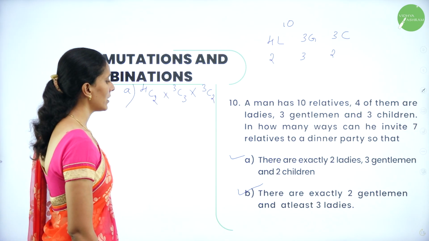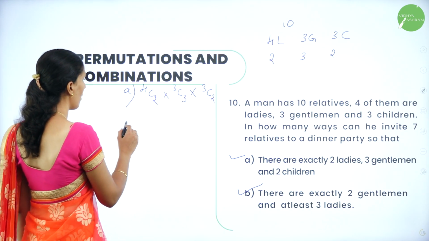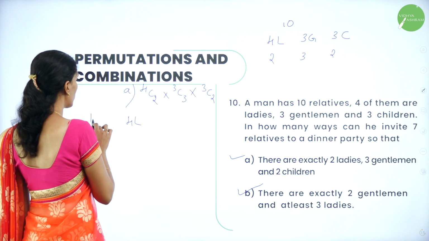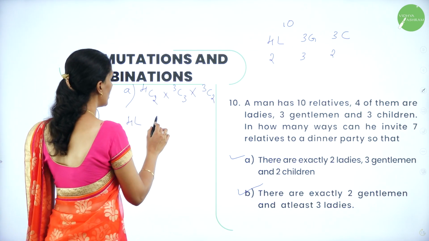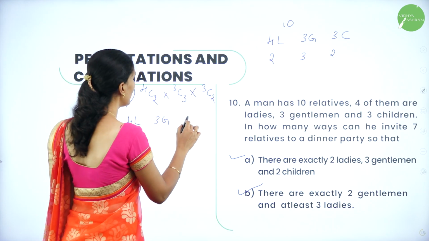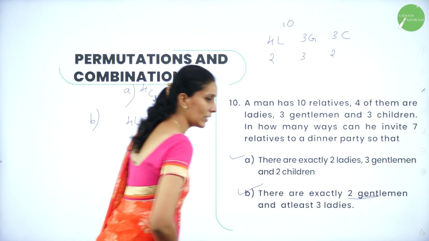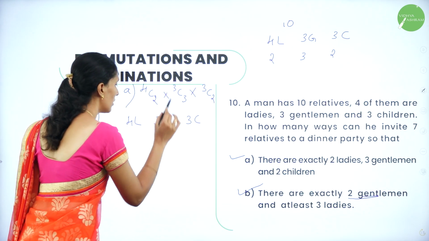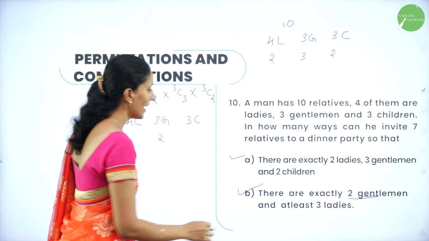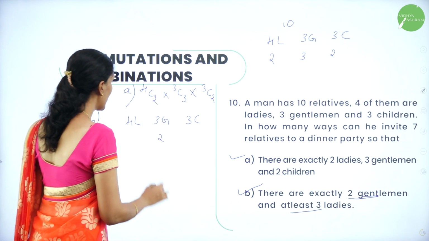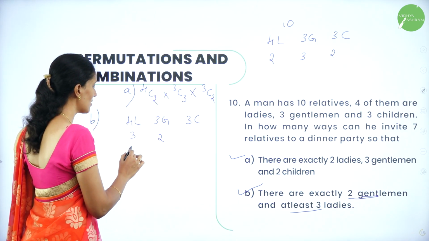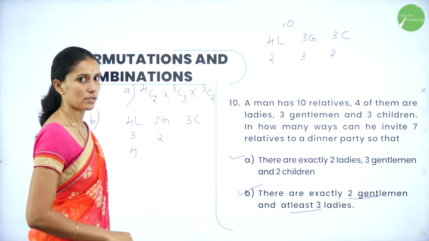So when you have these kinds of questions, see here we have 4 ladies. This is for question B, 3 gentlemen and 3 children. So we have exactly 2 gentlemen. So let me fill it first. 2 gentlemen is compulsory. At least 3 ladies means either he can invite 3 ladies or he can invite 4 ladies.